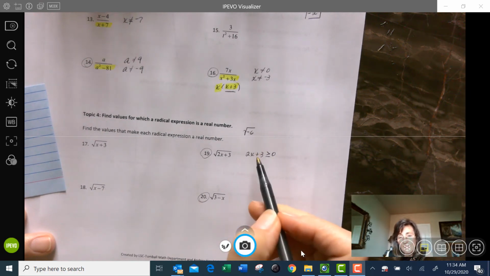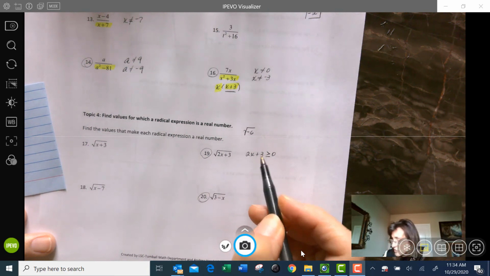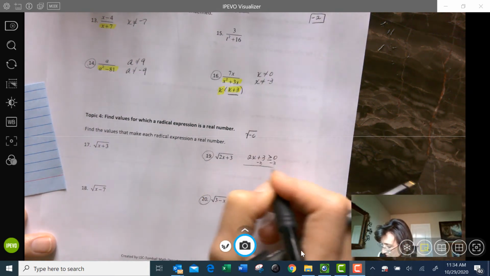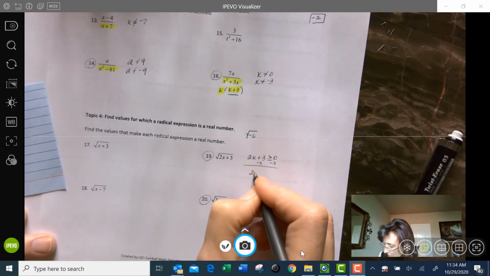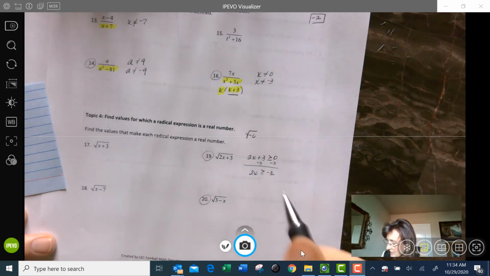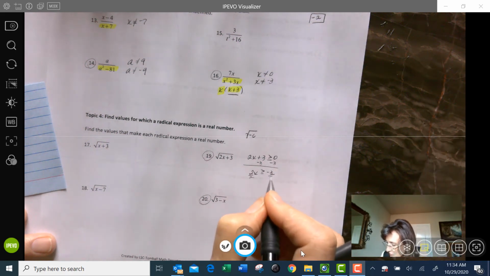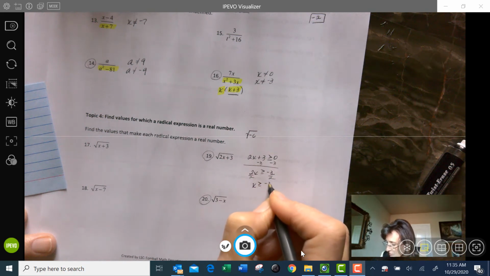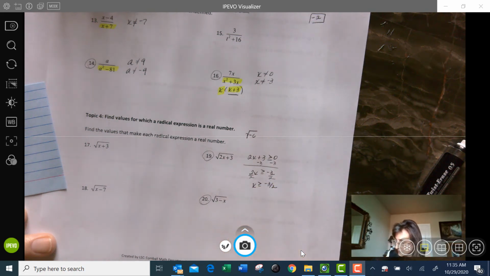So once I have this inequality written, then I just solve it. So if I were to subtract 3 from each side of the inequality, I would have 2x greater than or equal to negative 3. And then if I divide both sides by 2, I would have x greater than or equal to negative 3/2.